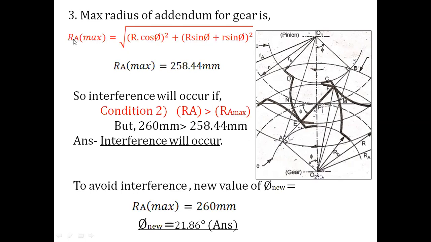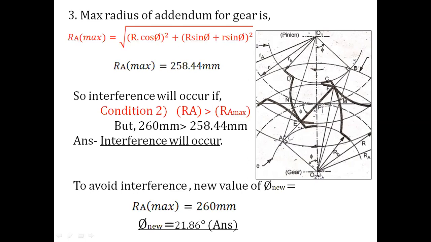For finding RA max, which is O2B, I am considering the triangle ABO2. O2A is perpendicular to AB, so this angle is 90 degrees, so O2AB is a right angle triangle.